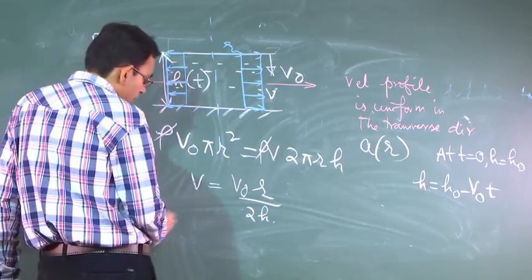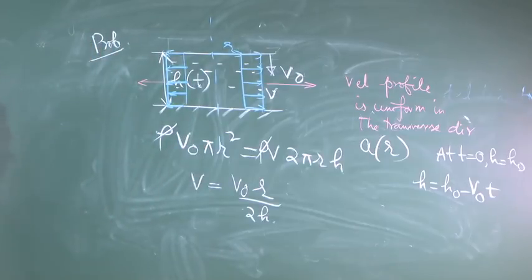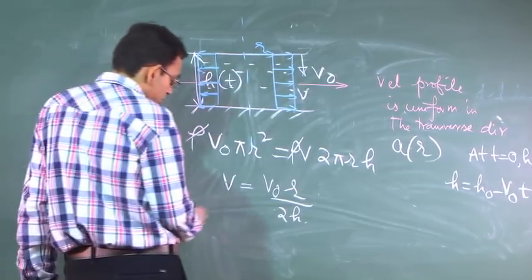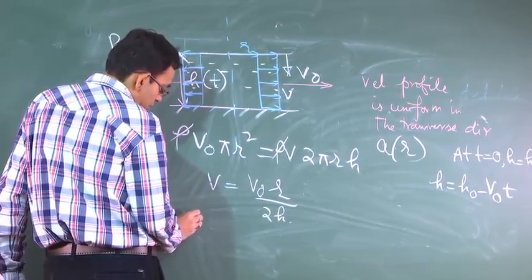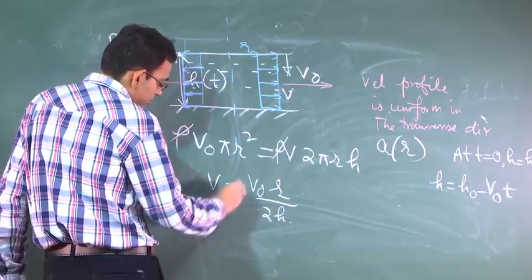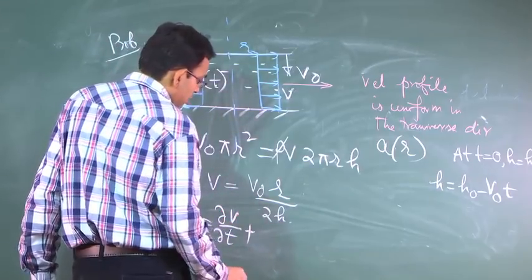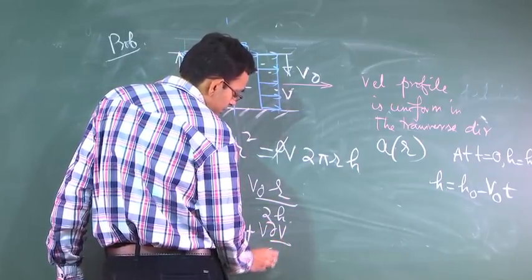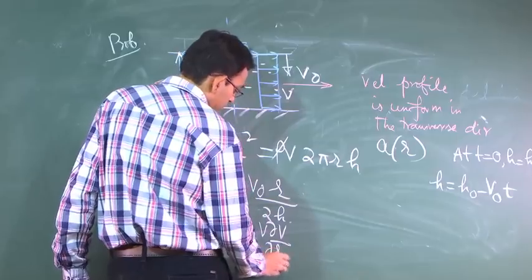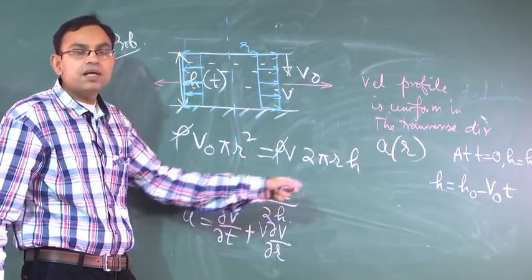So, the acceleration, see this is del V del t plus V del V del r. This is like del u del t plus u del u del x plus v del u del y.